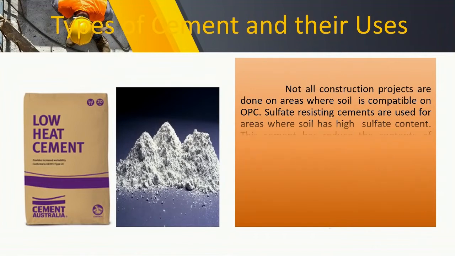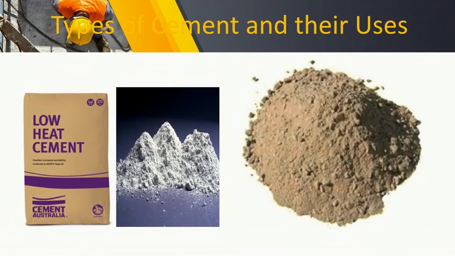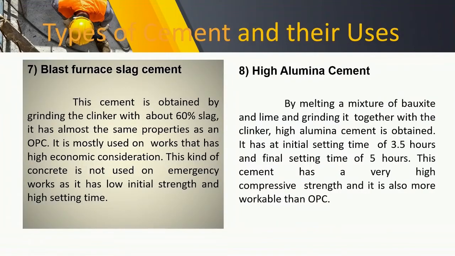And it was usually used on projects that are exposed to severe sulfate action by water or soil present on areas like canal lining, culverts, retaining wall, and others. Number 7. Blast furnace slag cement. This cement is obtained by grinding the clinker with about 60% slag. It has almost the same properties as an OPC.